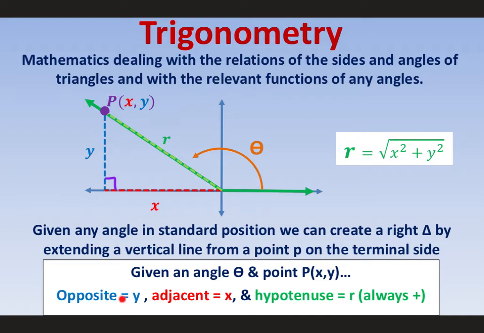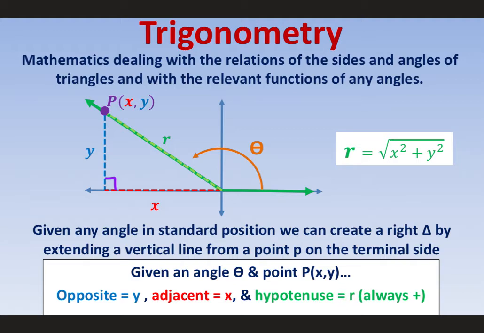Our opposite side is always going to be up-down movement, so we're going to say our opposite side is a y value. Our adjacent side is always going to be left-right movement, so we're going to treat that as an x value. So opposite is now a y value, adjacent is now an x value, and our hypotenuse is going to be called r.